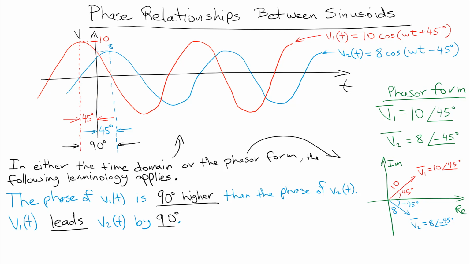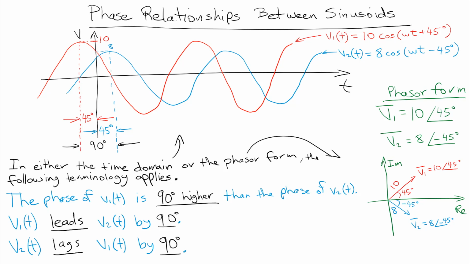Another piece of terminology is that V1 leads V2 by 90 degrees. It's the same thing as saying 90 degrees higher. So V1 leads V2 by 90 degrees, and again, that's leading by 90 degrees in both forms, time domain and phasor form.